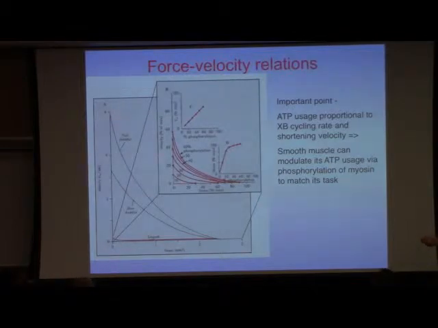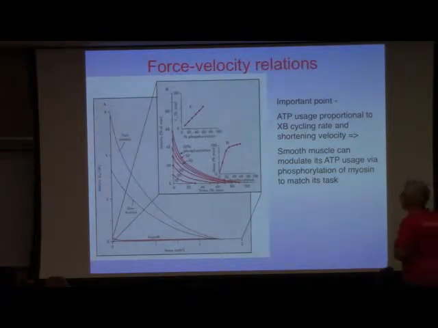And then this is showing a family of traces for the force-velocity relationship. So recall that for a Huxley model, where we can assume skeletal muscle is fully activated, we only got one curve for force-velocity. But here, where we can modulate crossbridge cycling, we can get different curves.